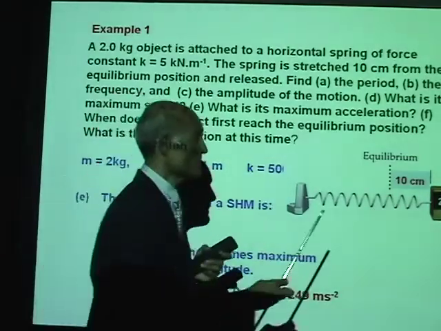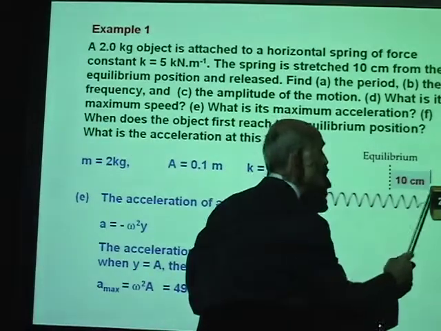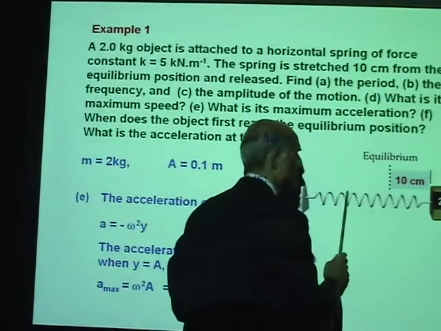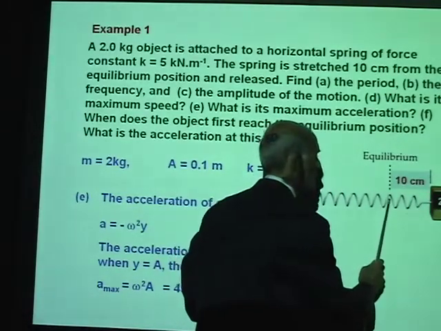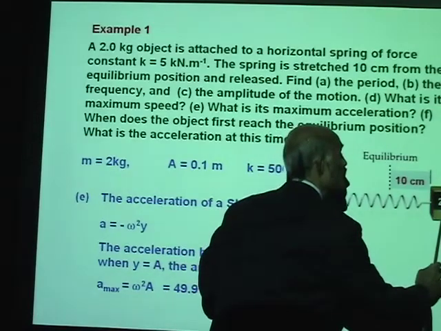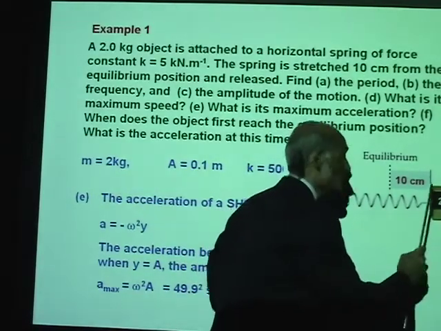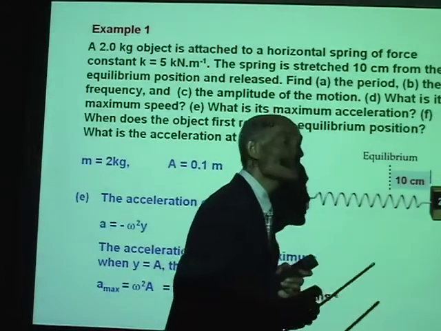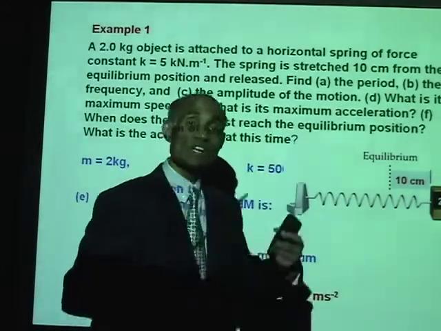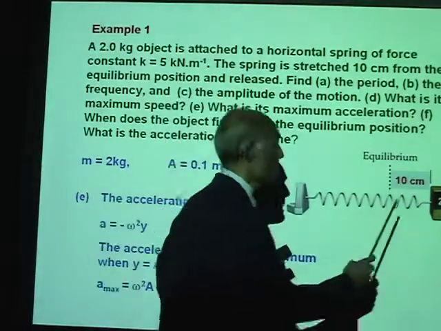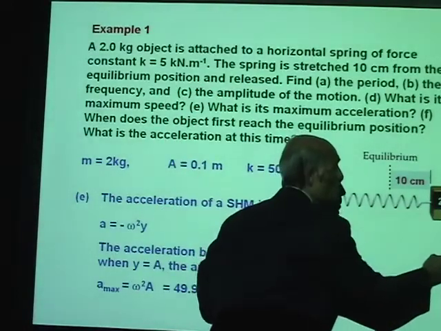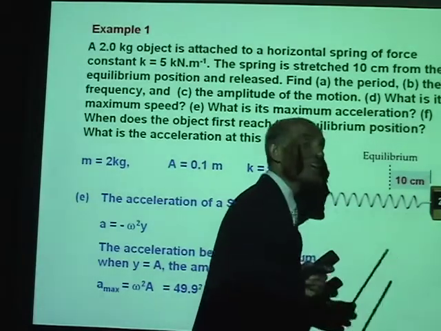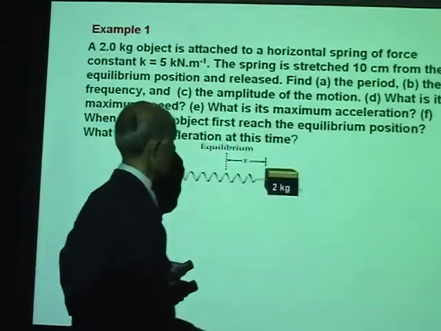Is that right? Because the period is the time taken to come to the equilibrium, go to the left extreme, come back to the equilibrium, and come to the starting position. That's when you have one complete oscillation. The time taken for one complete oscillation is the period. And therefore, the time taken to move from the right extreme to the equilibrium position will be a quarter of a period. Is that right?